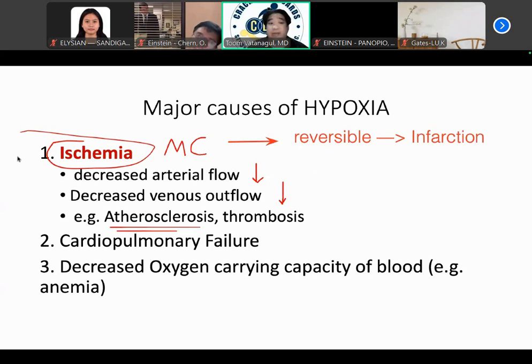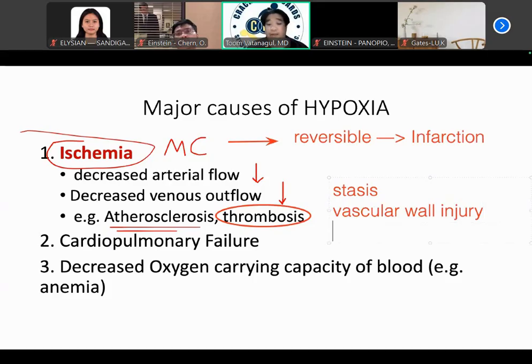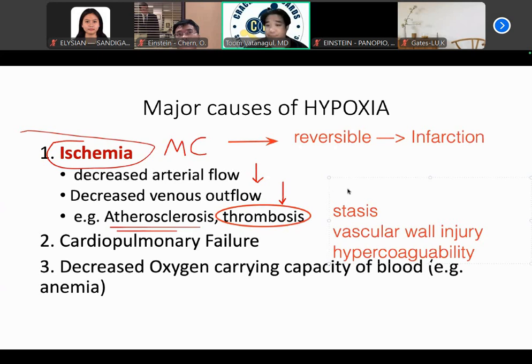Ischemia can be caused by thrombosis as well. Now, allow me to give you a board recall on thrombosis. There is a triad of stasis, vascular wall injury, as well as hypercoagulability. Question: what do we call this triad?